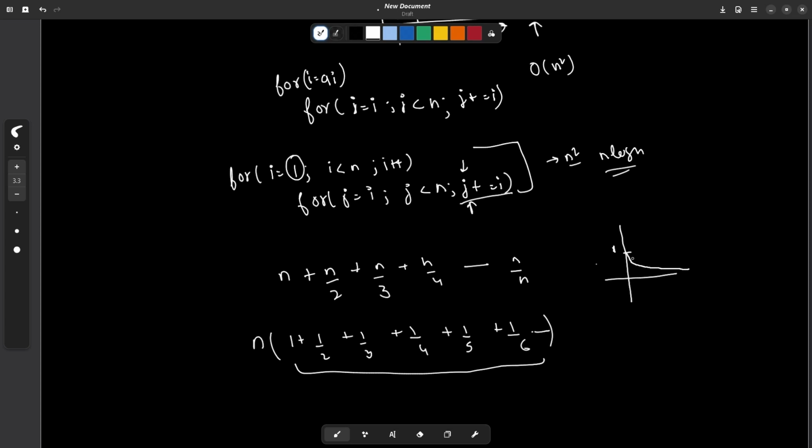So with the help of this graph, I'm just trying to give you an intuition that this particular part will always work in log n, right? If you try to form a graph of this particular expression, it is going to form a logarithmic graph like this, right? So the overall expected time complexity is n log n.